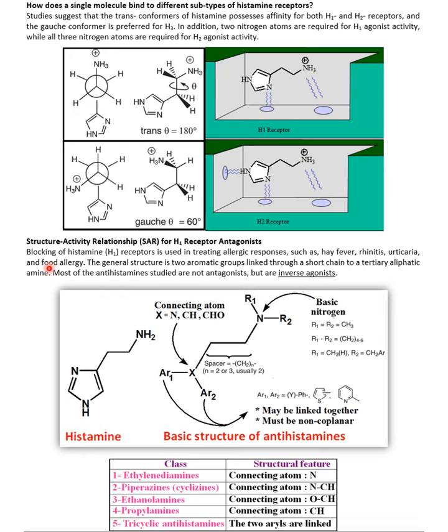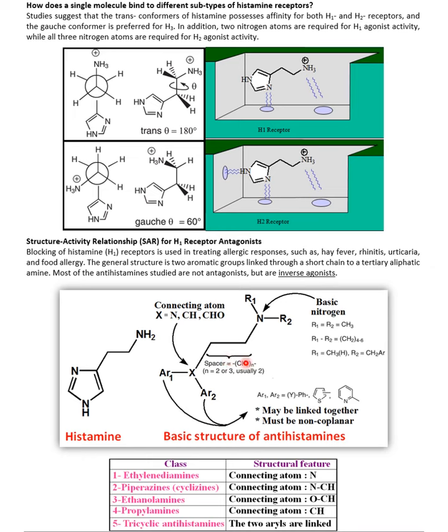To start with, the general structure for the H1 receptor antagonist is in this graph here, and this applies to all the H1 receptor antagonists. As we will see later, there are two generations, first generation and second generation, but this general structure applies to both generations. So looking at this structure, let's see what the similarities are between histamine and the basic structure for the antihistamine.